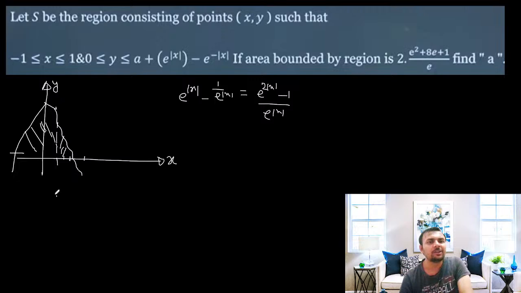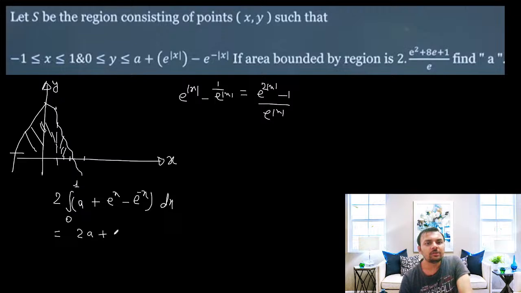And then we'll solve. So 2 times integral 0 to 1 of a plus e to the power x minus e to the power minus x dx, which is 2ax. So 2a, 2e minus 1 minus, plus 2 times e to the power minus 1 minus 1.